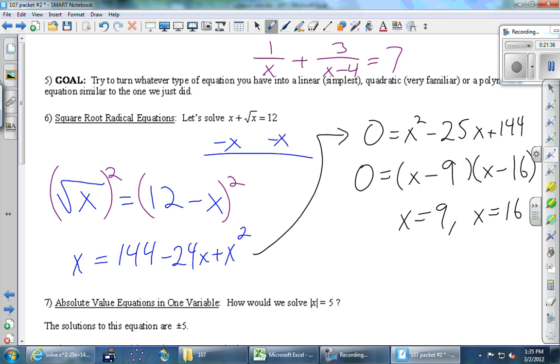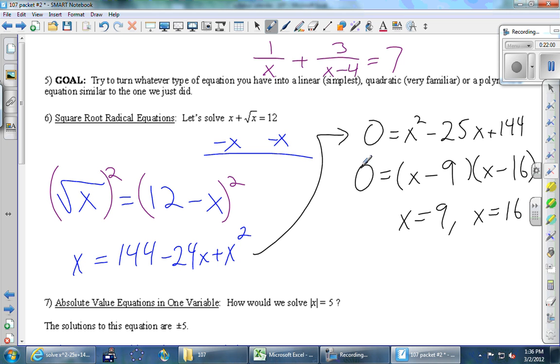Even if you do everything right, you could end up with this extra answer. Extraneous is the fancy word for it. So that's true when you have x's in the bottom. It's also true when you have x's inside of a square root. We could have done everything right, and it turns out that one or both of those is not an answer. The only way to know is to check. So you are required to check when you have radical equations.